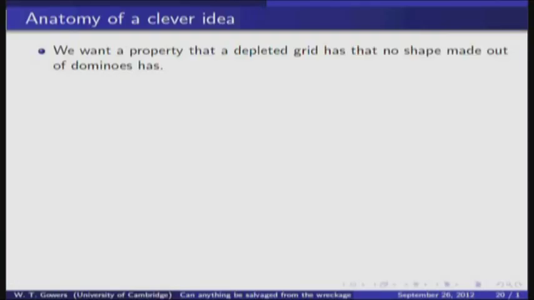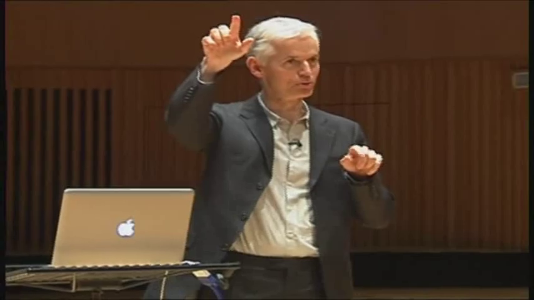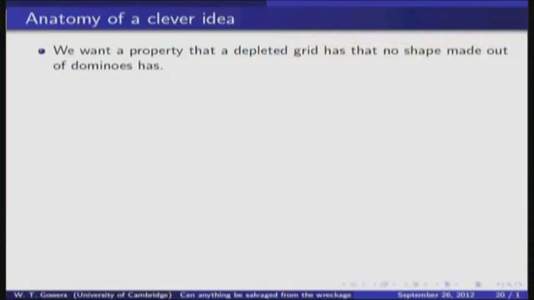So let's think of a problem-solving strategy. We want to show that a grid with two corners removed can't be covered with dominoes. One way of doing it is to try to identify some property that a grid with two opposite corners removed has, but anything that you can cover with dominoes does not have.